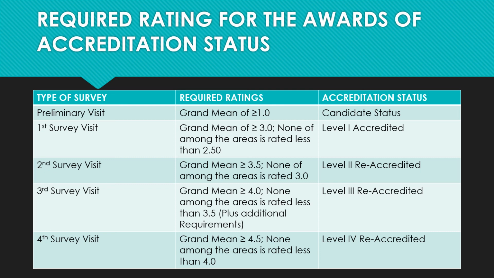Yung preliminary survey visit, kailangan makakuha tayo ng grand mean ng greater than or equal to 1.0. So we will be awarded with the candidate status. So first survey visit, we should have a mean of greater than or equal to 3.0 and none among the areas is rated less than 2.5, level 1.